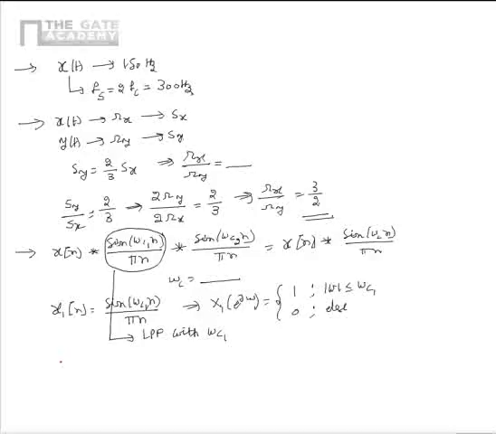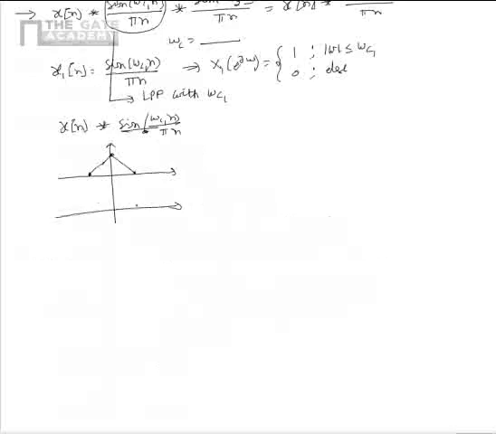From this, we can write that if x of n is convolved with sin of omega c1 n divided by pi n, in frequency domain, it is equivalent to multiplying the frequency band of x of n with a low pass filter of cutoff frequency omega c1, because convolution in time domain is equal to multiplication in frequency domain, which again in turn is convolved with sine of omega c2 n divided by pi n.